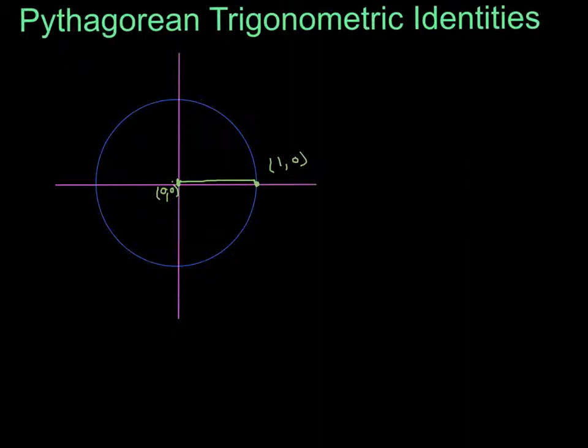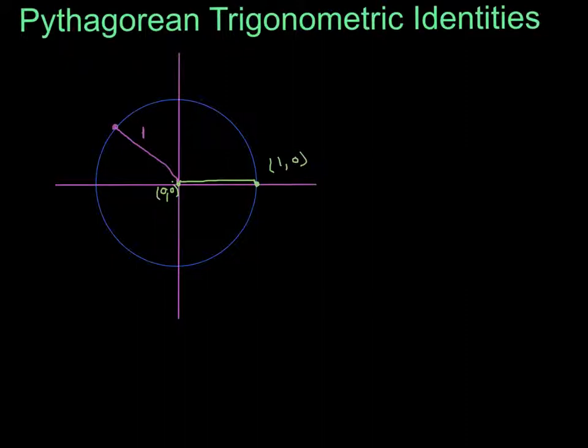So no matter where I was on the circle, coming out from the center, I'm going to have a radius of 1. So I want to talk about where this Pythagorean triple comes from, using the Pythagorean theorem.